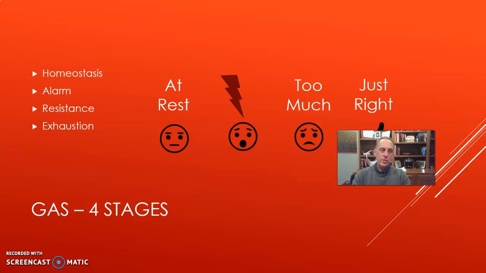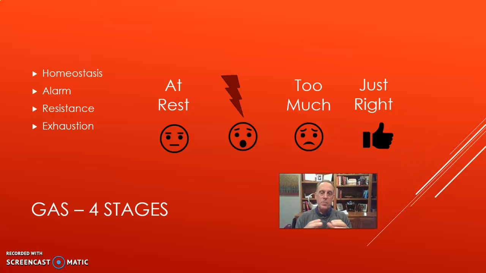So in real basic terms, you have 3 stages generally outlined in textbooks. I like to throw in this homeostasis that you have to pay attention to as a practitioner. You have to evaluate where the person is at rest, and then when you apply a training stimulus or any kind of stimulus to the person, it's how their body responds to the stimuli.